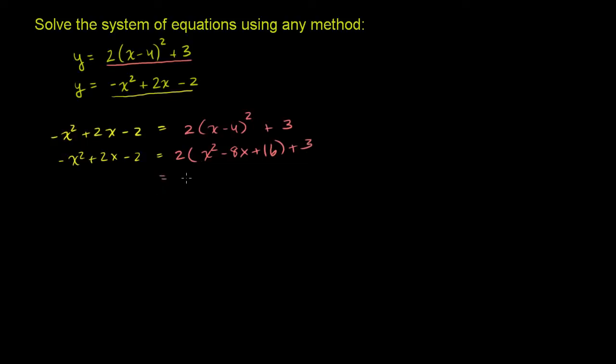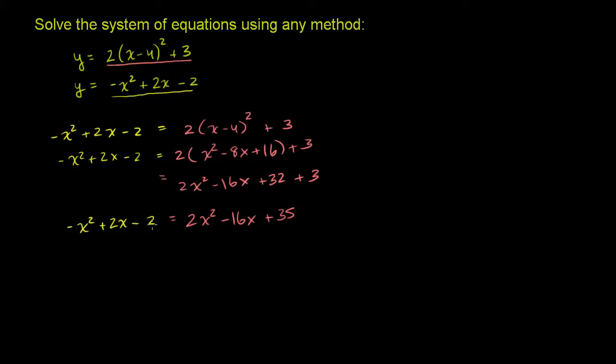This is going to be equal to 2x squared, I'm just distributing the 2, minus 16x plus 32 plus 3, which is equal to 2x squared minus 16x plus 35. And that's, of course, going to be equal to this thing on the left-hand side, negative x squared plus 2x minus 2.